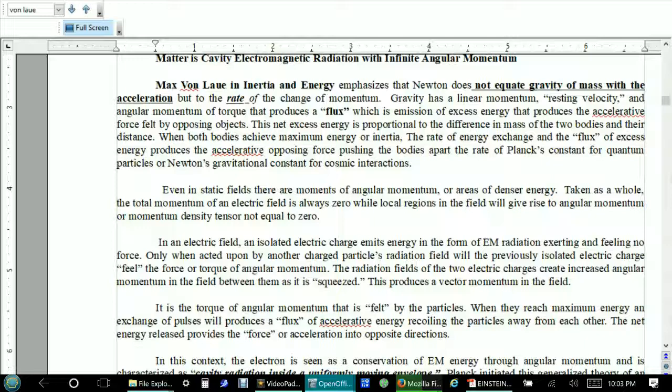And contrary to the contemporary belief that Einstein's theory of relativity changed the whole landscape of gravity, that notion is incorrect. And Max von Laue, in Inertia and Energy, clarifies that Einstein's theory of general relativity did not change the basic concept that gravity was electromagnetic.